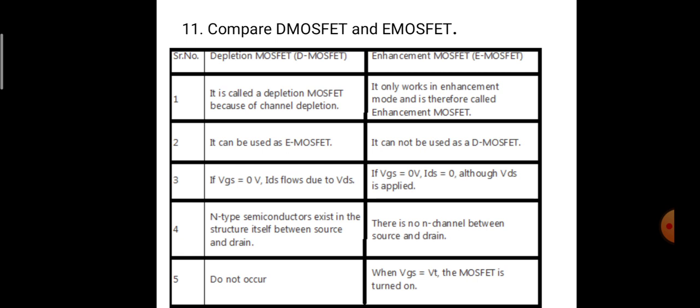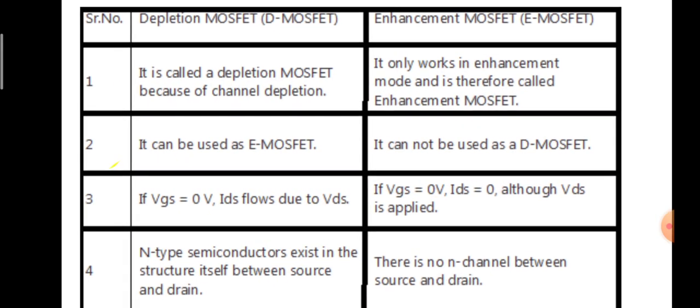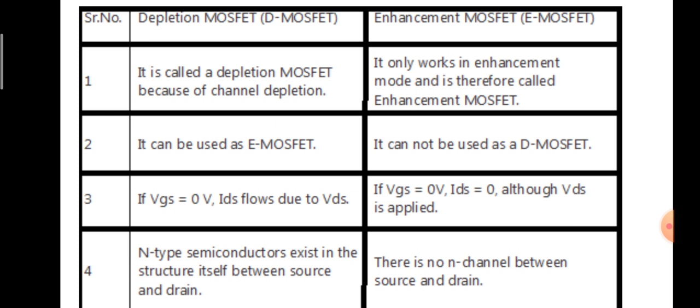The next question is compare DMOSFET and EMOSFET. DMOSFET is called a depletion MOSFET because of channel depletion.